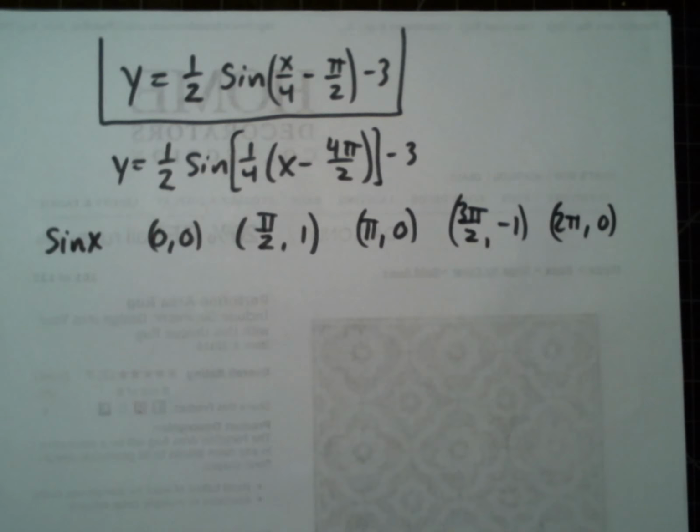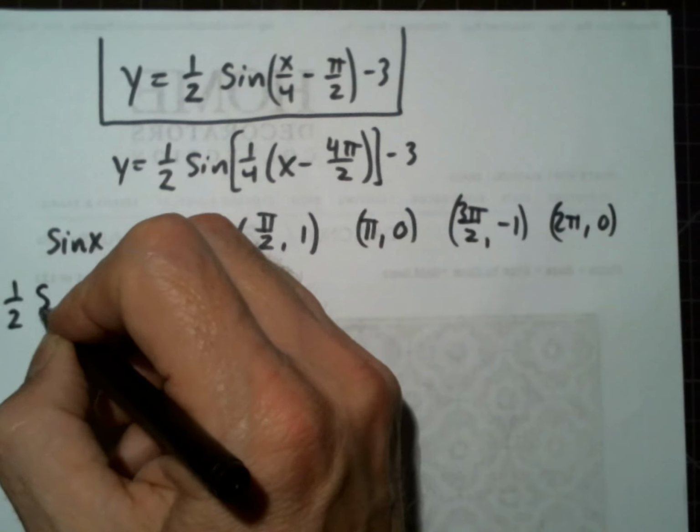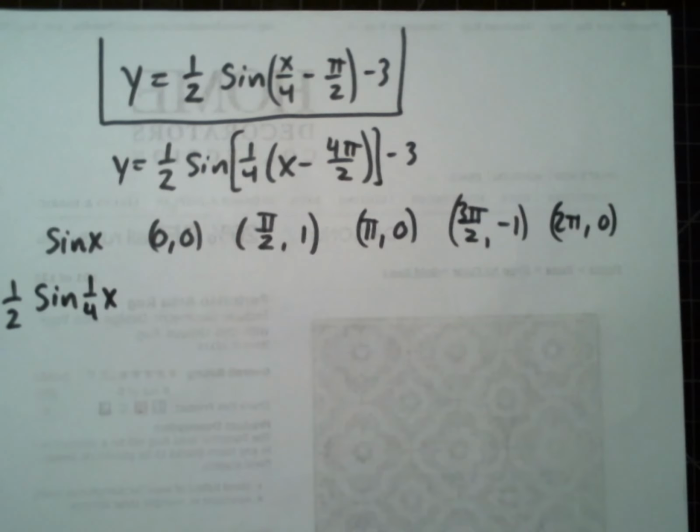And we can just do both dilations at the same time, so that'll be 1/2 sine 1/4 x.